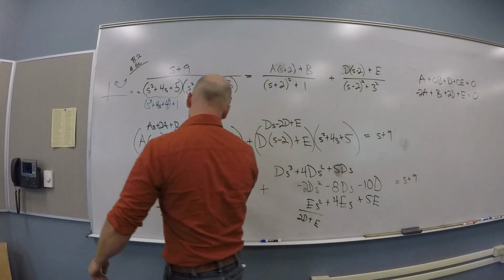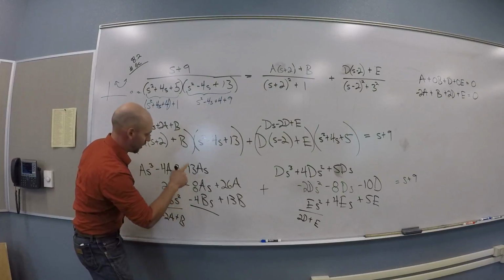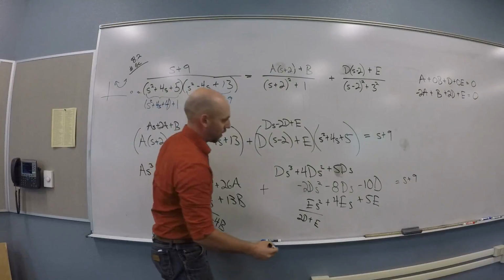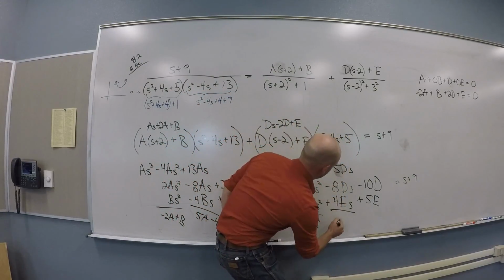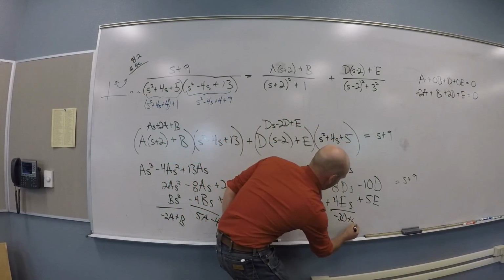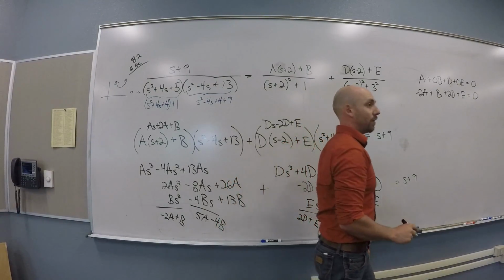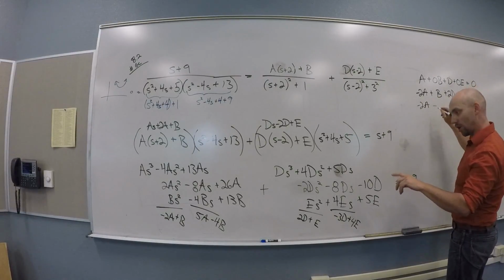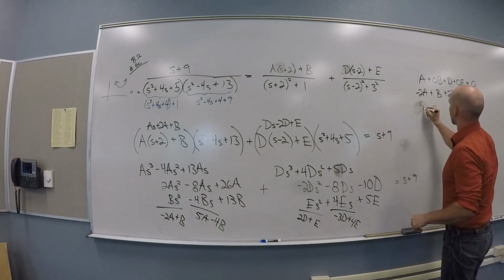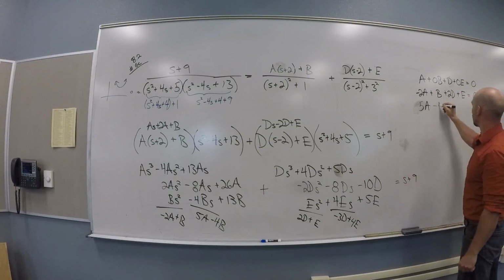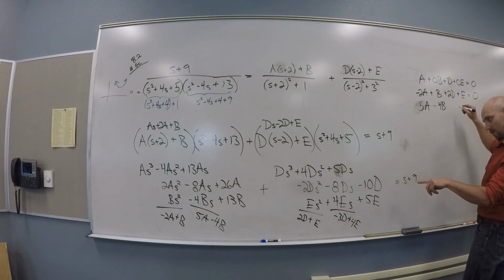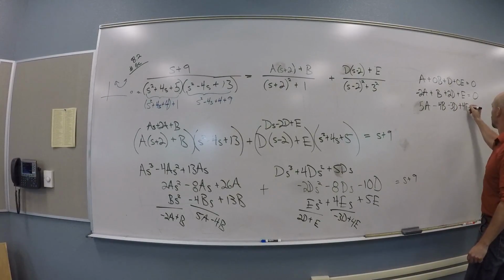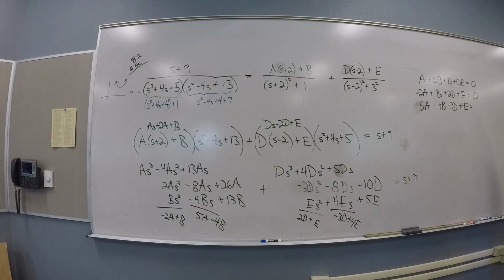Then on my S's, all told here, I have 5A minus 4B. And over here, I have 3D plus 4, negative 3D plus 4E. Nice. And so those go in here as minus 2A, nope, 5A minus 4B minus 3D minus 3D plus 4E is 1.